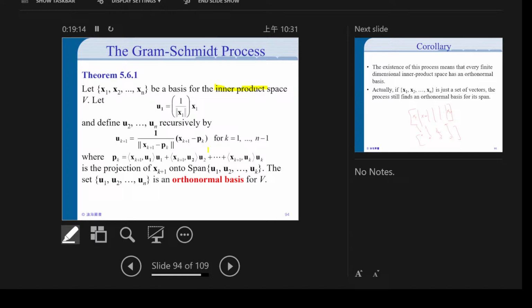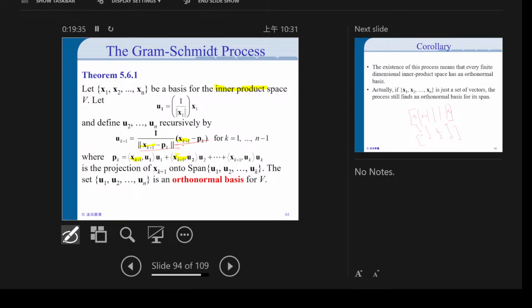So I guess we should mark all those xk plus 1. Okay, and so it's really this xk plus 1. Okay, I don't want to mark this one. Okay, and so let's mark this, and note that this is this thing normalized.